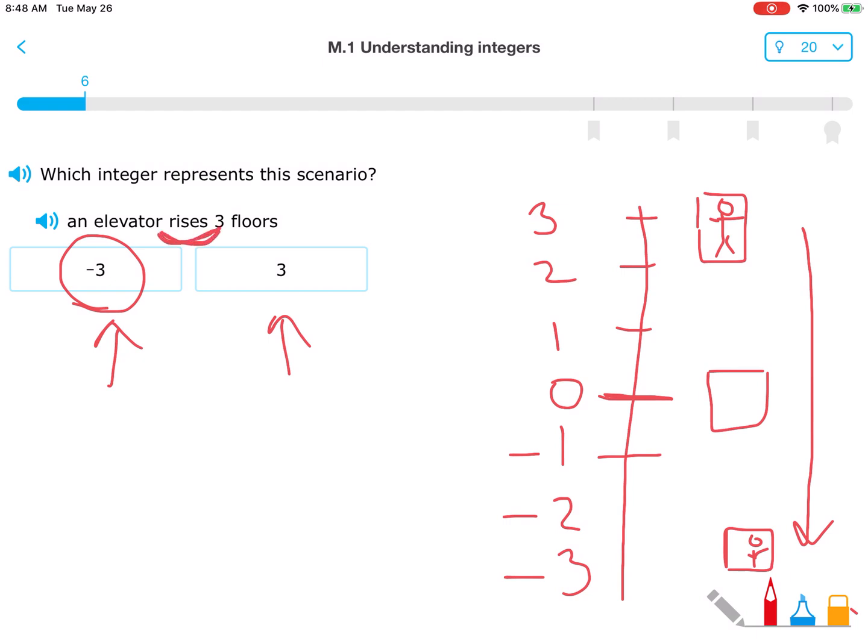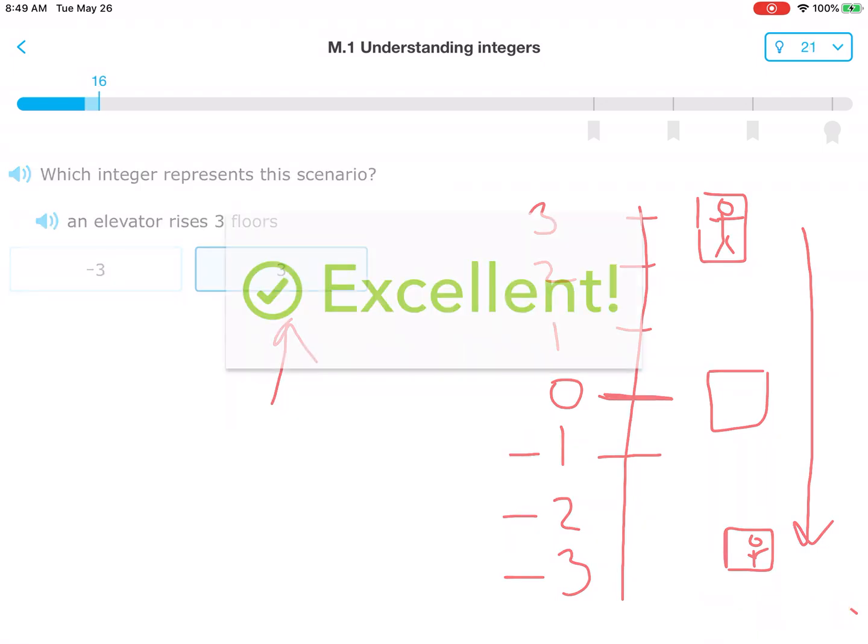Or is it shrinking or going down or decreasing? So for each of these questions, we're going to look at the integer. Is it positive or negative? And is it rising and getting greater and adding? Or is it shrinking and decreasing and getting smaller? In this case, it says it rises 3 floors. So that is going to be +3, this number here.